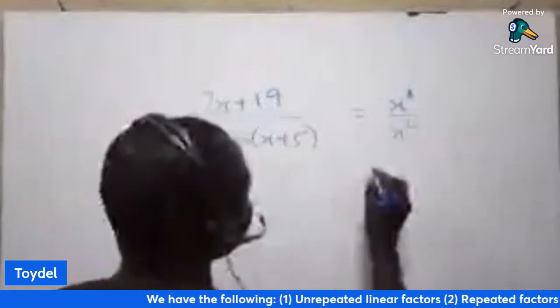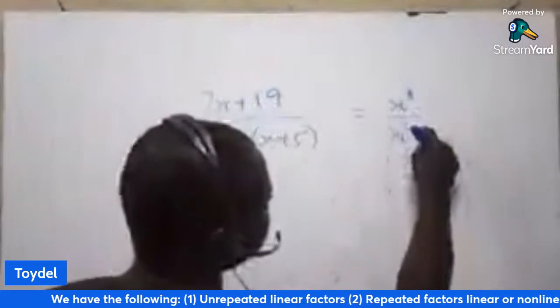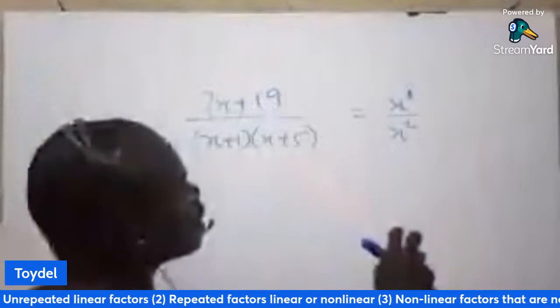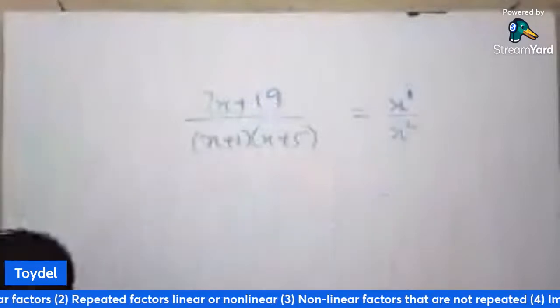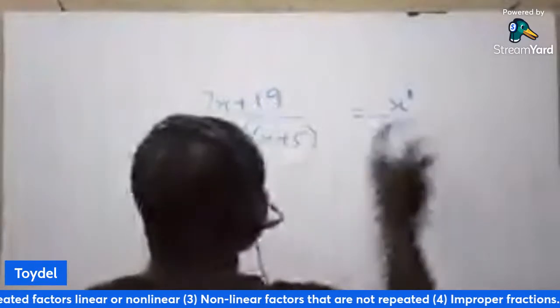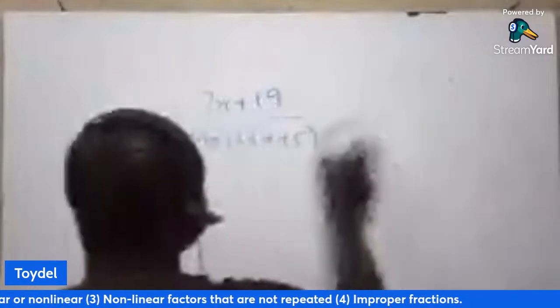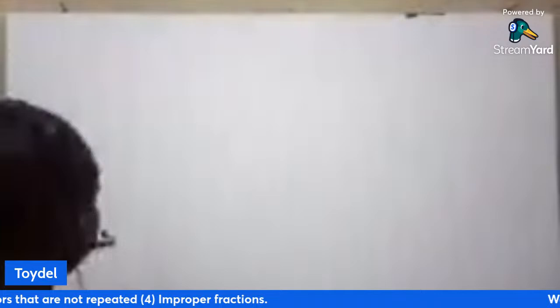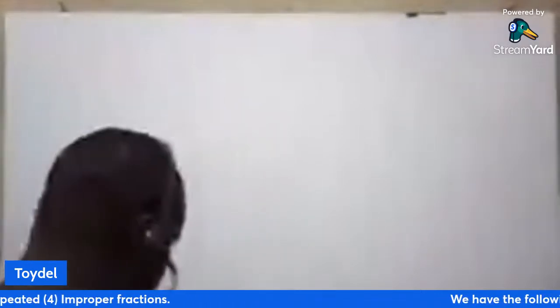So that is proper. The first three types of partial fraction are examples of proper partial fractions. Then the last one, which is improper, is what we concentrate on. So we have been able to give an example on the first one.